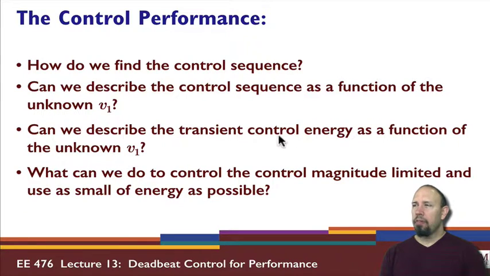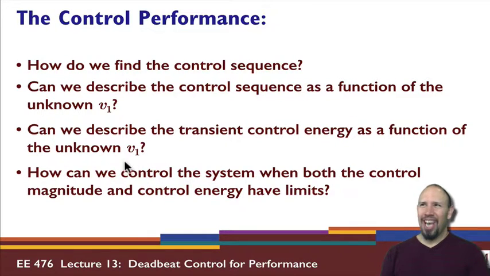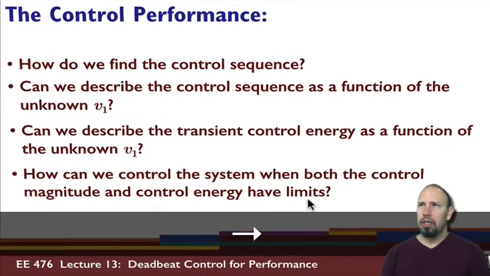And can we describe, for example, a transient control? So here's the control sequence as a function of V1. What about the control energy as a function of V1? Okay, I realize this last question needed to be changed. How can we control the system when both the control magnitude and the control energy have limits? Okay, so we have a number of things going on all at the same time. How can we handle all of those things?